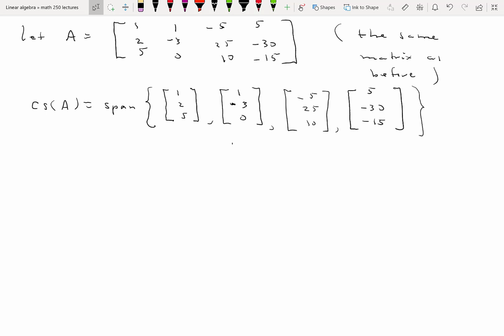So these 4 column vectors would become row vectors. So I replace the matrix with its transpose, then find a basis for the row space of that transpose. And then to get the basis for the column space, I just take the transpose of the results.